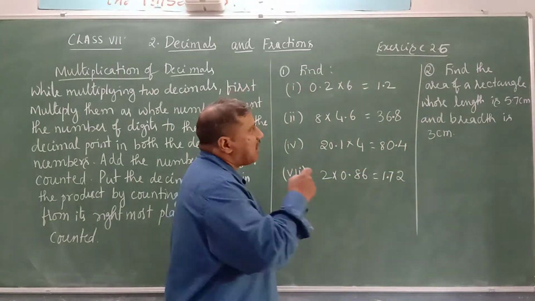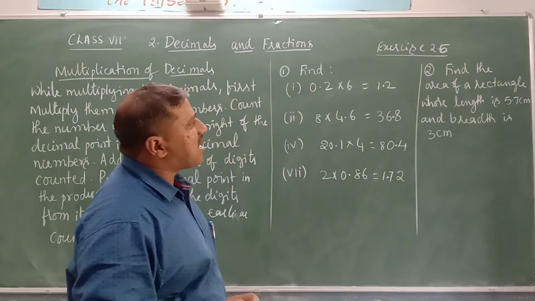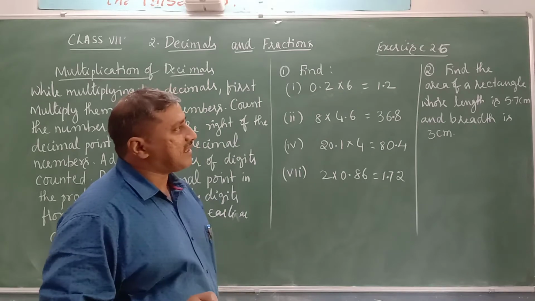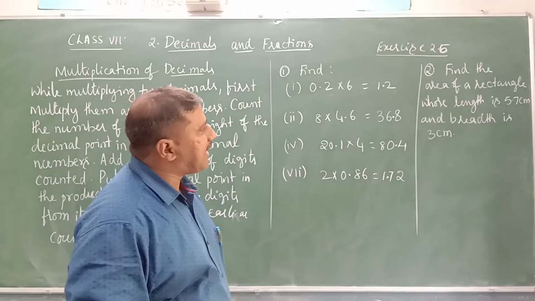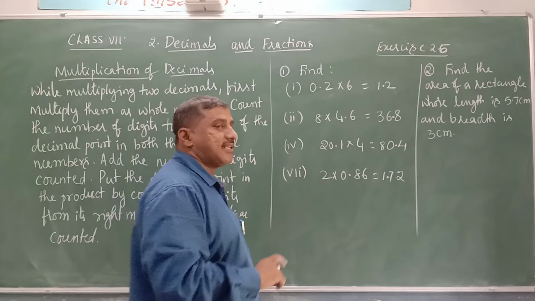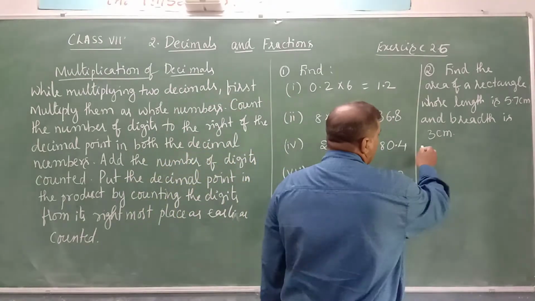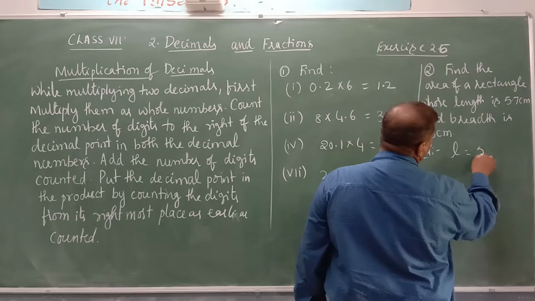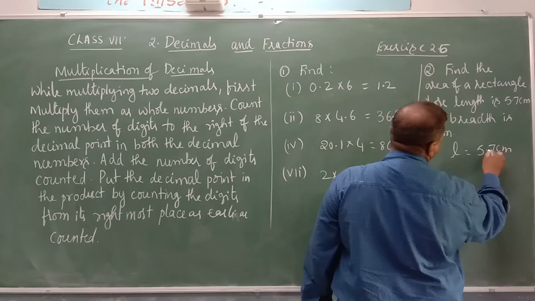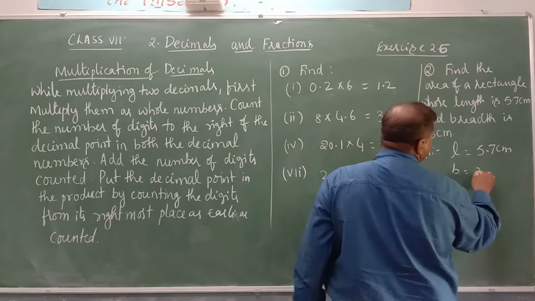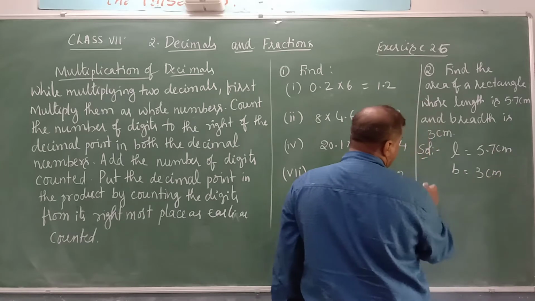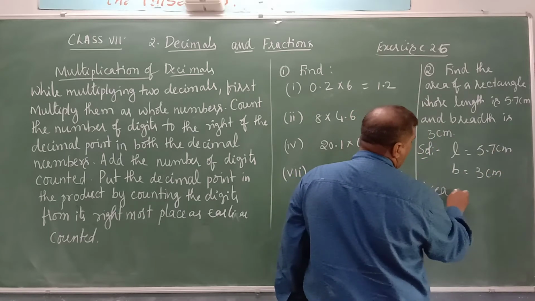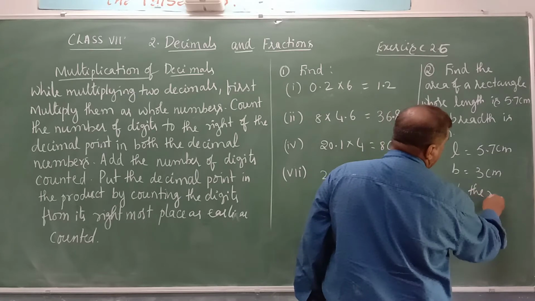Now here we have a word problem. Find the area of a rectangle whose length is 5.7 centimeters and breadth is 3 centimeters. So here we have a rectangle. The length of the rectangle is 5.7 centimeters and the breadth is 3 centimeters. What do they ask you to find? The area of the rectangle.